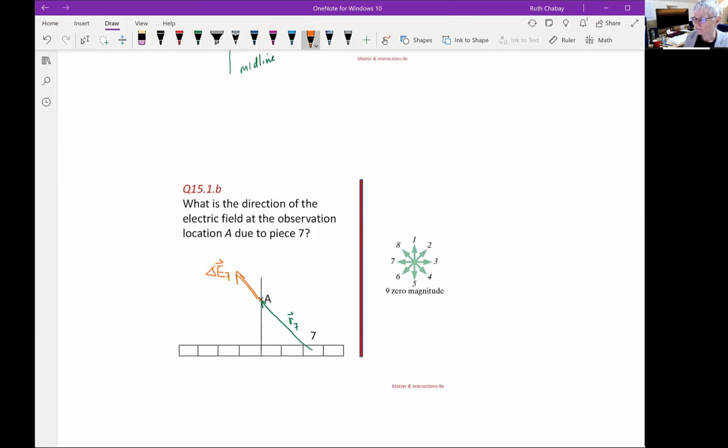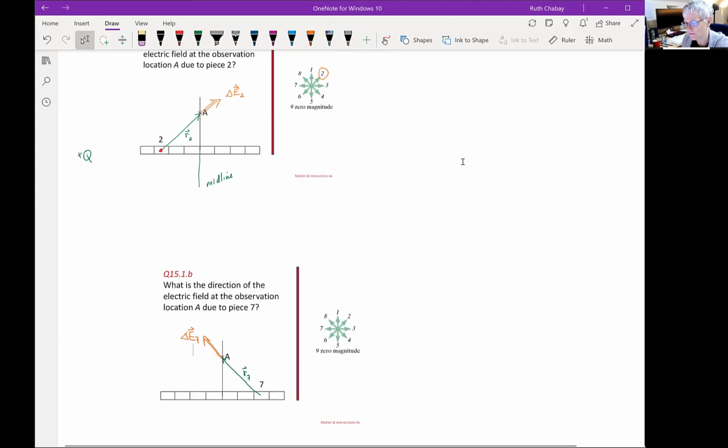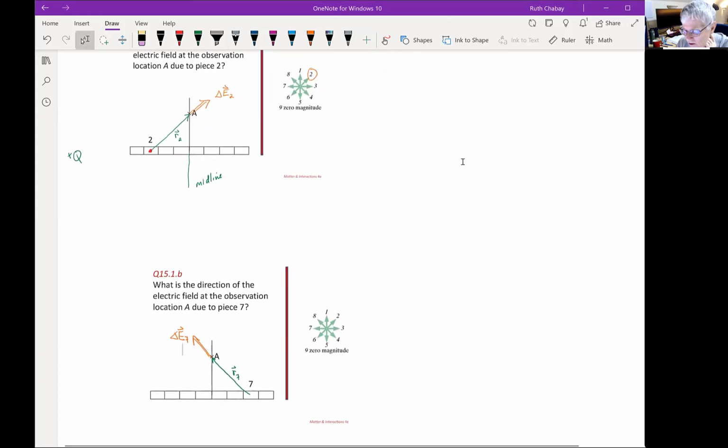And now you can probably see that we found here that piece 2 contributed a field that had a plus x component. Piece 7 had contributed a field that had a minus x component. These pieces are equidistant from the observation location. So when we add them together, we're going to add delta E2 plus delta E sub 7.